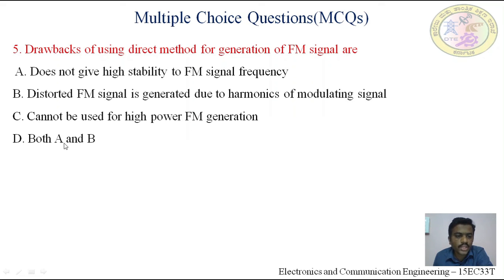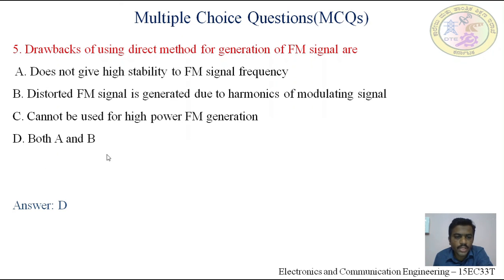D. Both A and B. The drawbacks of direct FM generation are: it does not give high stability to the FM signal frequency, and also the distorted FM signal is generated because of the harmonics present in the modulating signal. The answer for this question is D.